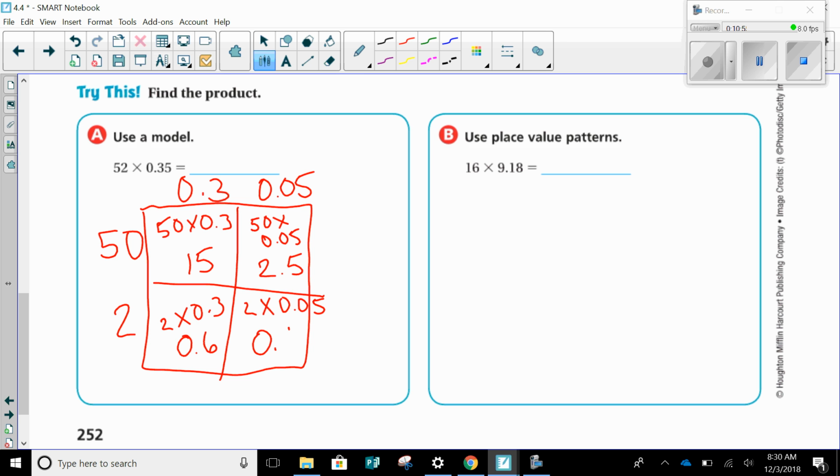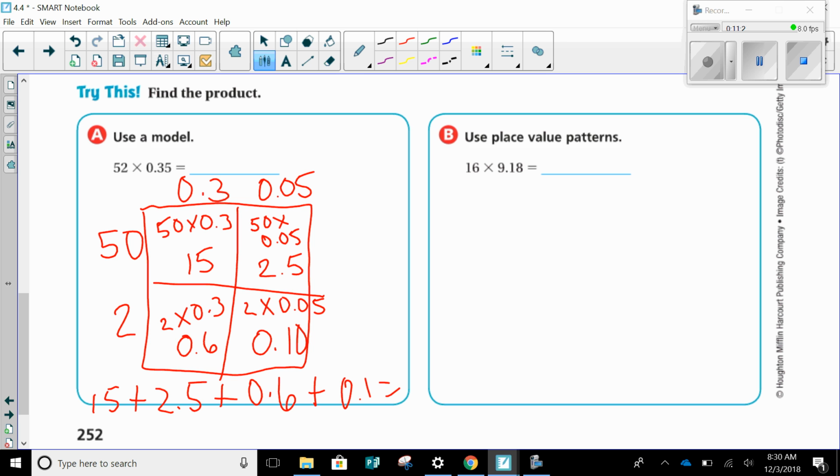So my answer is 0.1. Okay, or you can have the other zero on the end, that's fine too. Okay, so then I have to add all of those together. So I have to add 15 plus 2.5 plus 6 tenths plus 1 tenth.